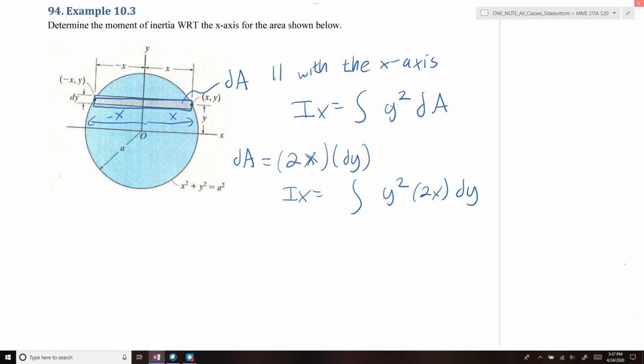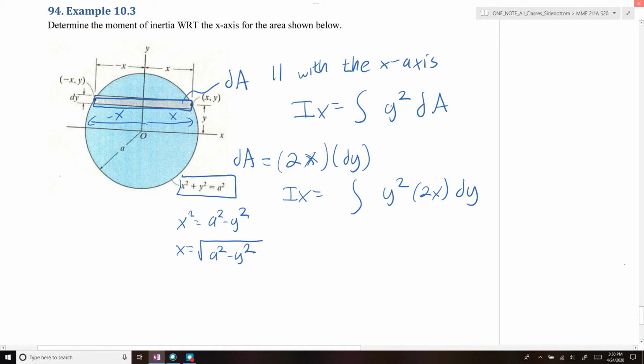The equation for a circle is x squared plus y squared equals the radius, or in this case the constant a, squared. If we rearrange to solve for x squared, it equals a squared minus y squared, and x equals the square root of a squared minus y squared.